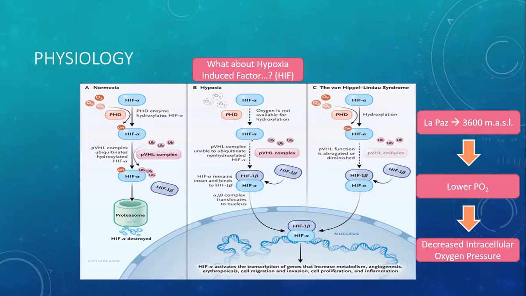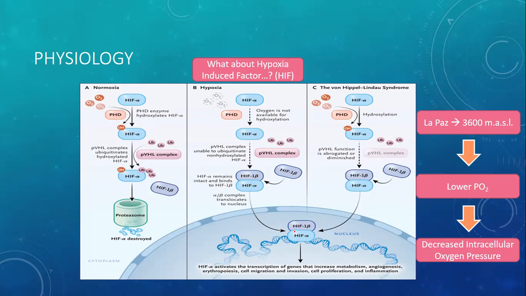It binds to the other subunit, HIF 1 beta. They bind together and form the HIF, the hypoxia-induced factor. Remember, this molecule is inside the cytoplasm. When both subunits bind together, they go through the nuclear membrane inside the nucleus.